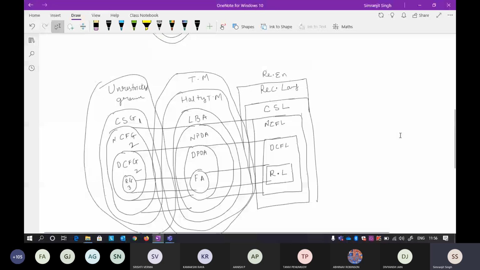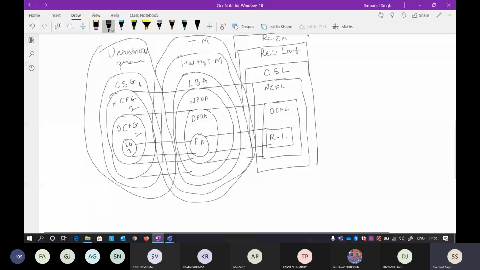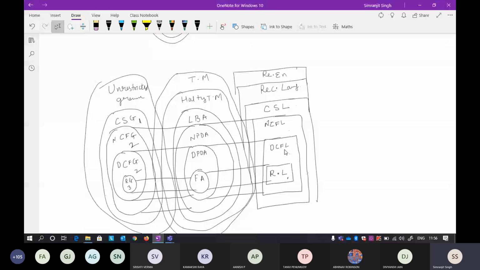Suppose a regular language is also recursive enumerable as well as context sensitive as well as DCFL, CFL. If a particular language is DCFL, it is NCFL, CSL, recursive enumerable. If a particular language is NCFL, it is CSL, recursive and recursive enumerable.